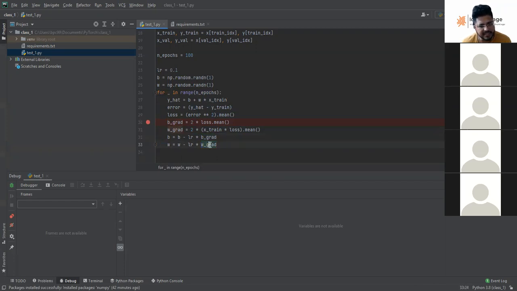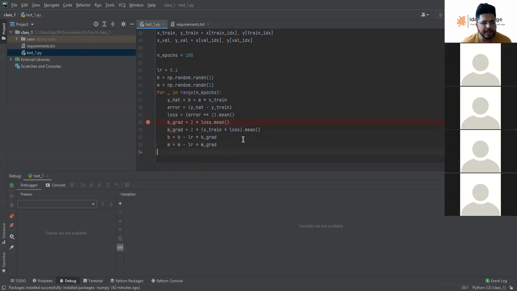If W's gradient is steeper than B, then W will reach the minima faster than B. So our total gradient descent calculation will be dominated by the variable having the steeper curve.